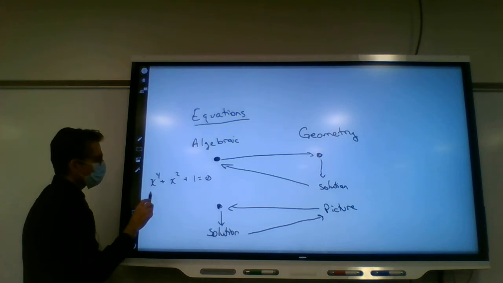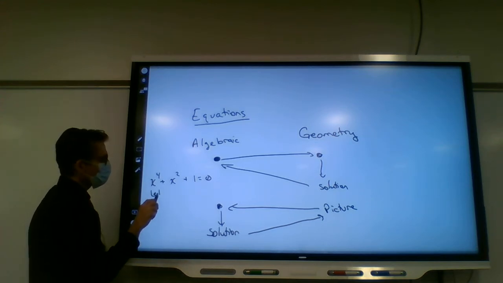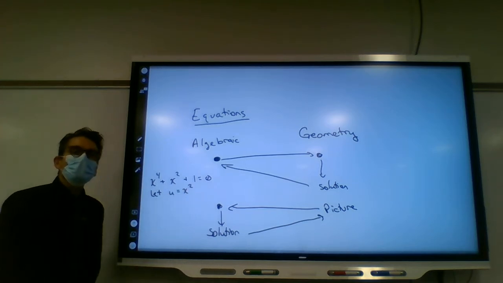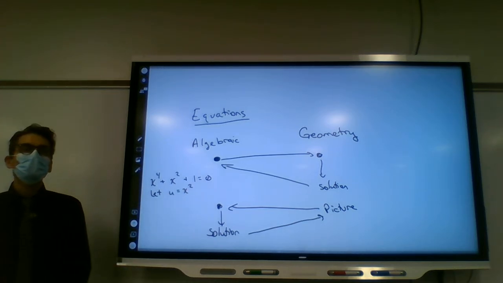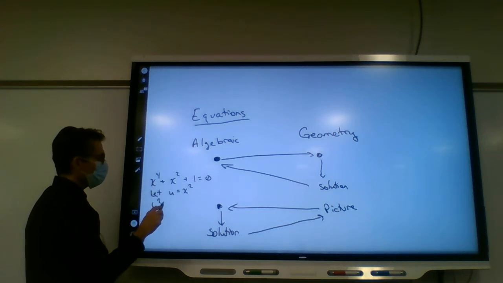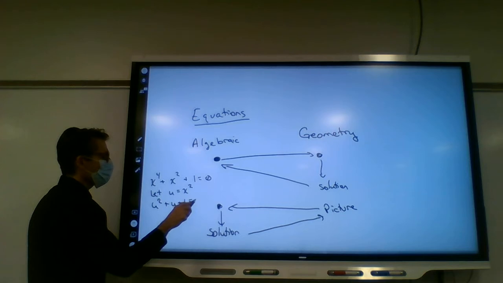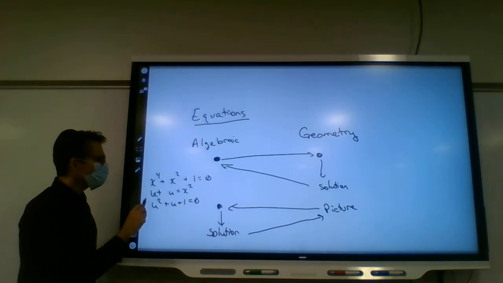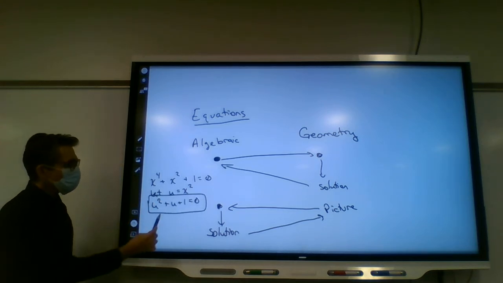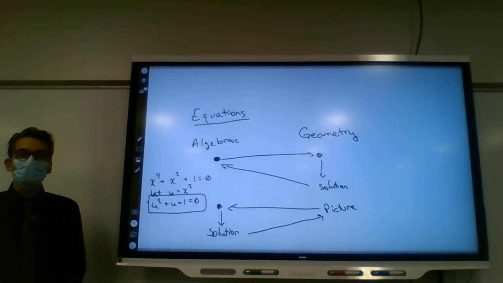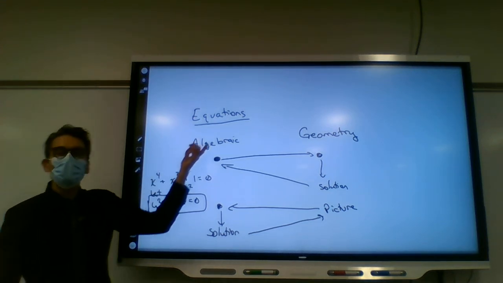This equation, we could let u be x squared. And then what does this equation become? It becomes u squared plus u plus 1 equals 0. We know how to solve this with the quadratic equation. And then we take that answer and put it back to here to figure out what x is. All right?